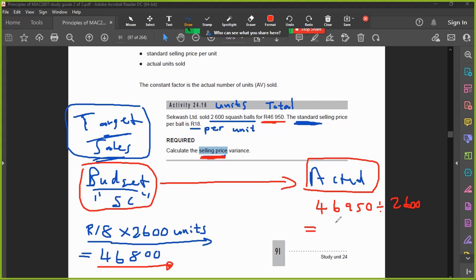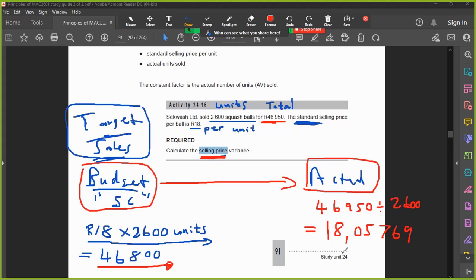Grab the calculator again. 46,950 divided by 2,600 equals, I'm getting 18,05769. Does that make sense?